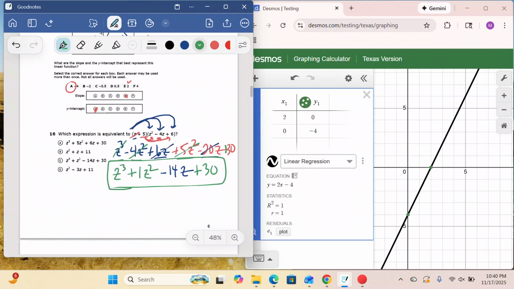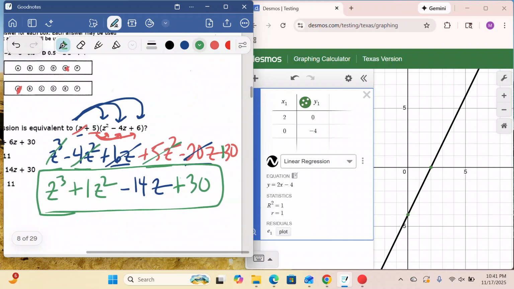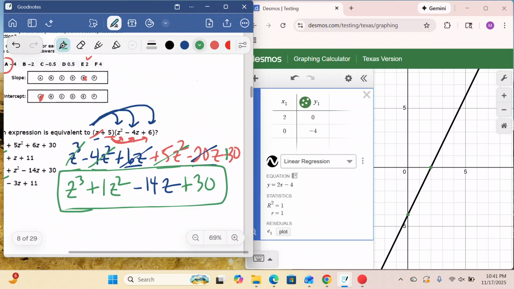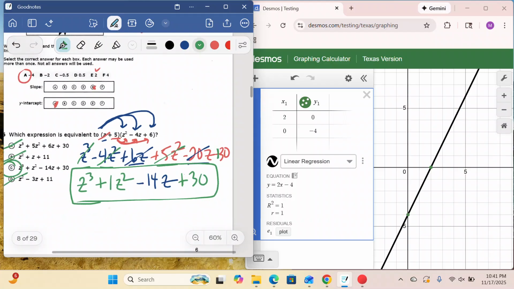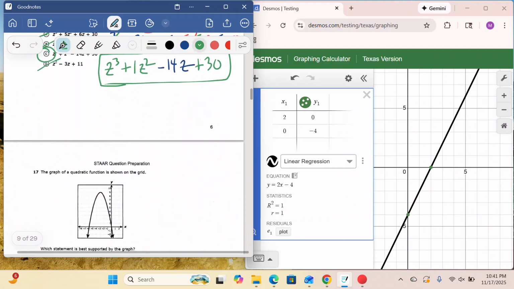So of course, it's not A. It's not B. It's not D. So it is C. Now look at the mistake I made at the beginning, that I multiplied 5 times 6 and got a -30. If I would have found that mistake and gone back and rechecked the work, I would have come out with the right answer. So that is a little bit about the distributive property right then and there.